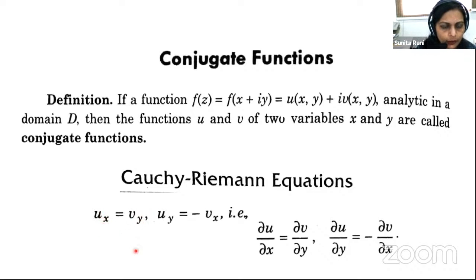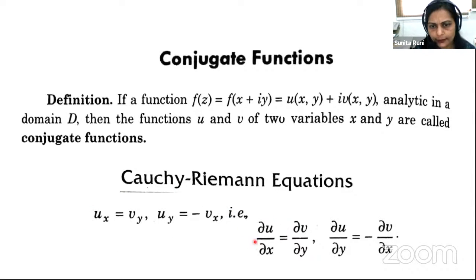If both are equal, then find the derivative of u with respect to y and the derivative of v with respect to x. If both are equal with a negative sign, that is, if these results hold, then we can say that the function satisfies the Cauchy-Riemann equations.